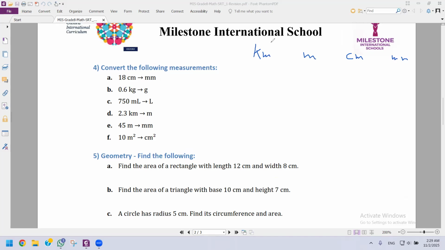Then start with 1000 and each time remove 1 0. So from bigger to smaller, we multiply. From smaller to bigger, we divide.